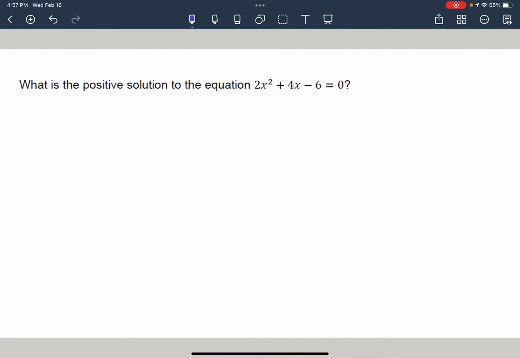So here, this is asking me what is the positive solution to the equation 2x squared plus 4x minus 6 equals 0. One thing you always want to check for in these equations is if there's a GCF. If there's a GCF, you want to go ahead and factor that out. So notice that if we have 2, 4, and 6, the GCF is 2. So I'm going to start off by dividing out that 2 from my equation.